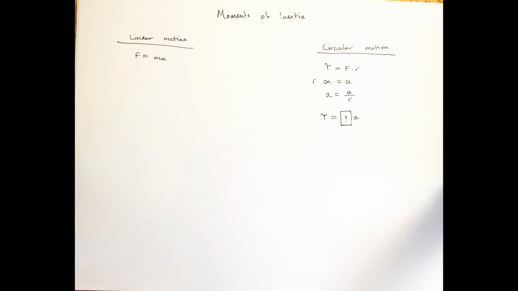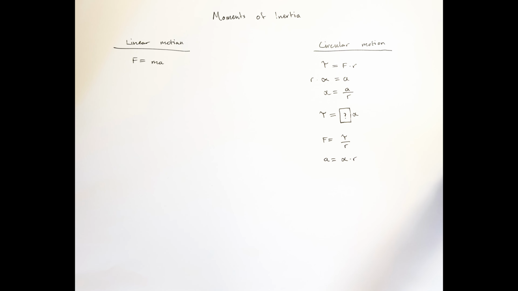So now from here, what we want is an equation where we are able to determine a relationship between the torque and the alpha, so some coefficient for this alpha. With this coefficient, this little question mark box here, we want the ability to model the change in angular velocity based off of a torque applied for some given point particle that's moving in a circular path around a fixed point.